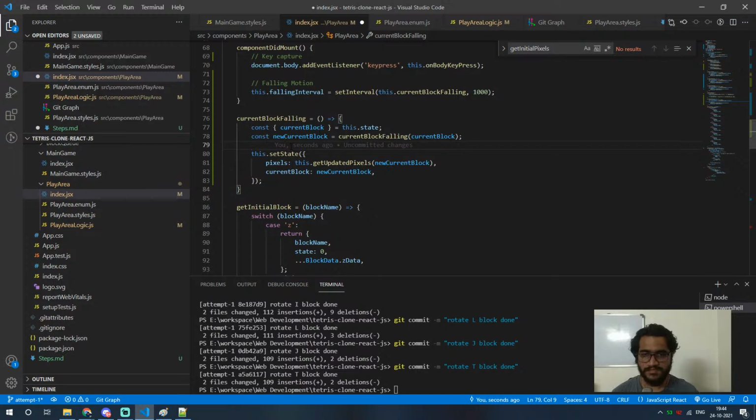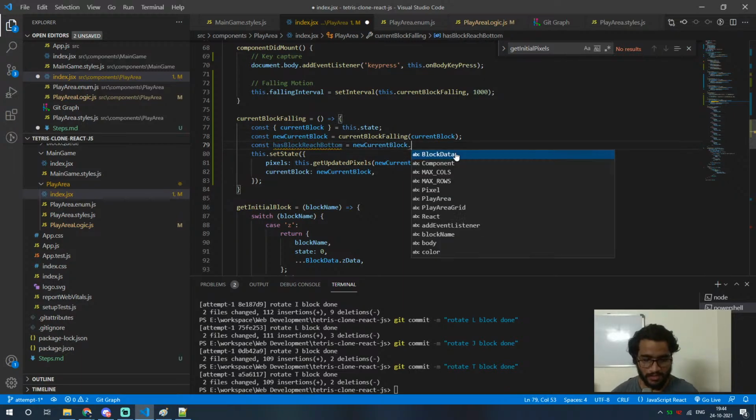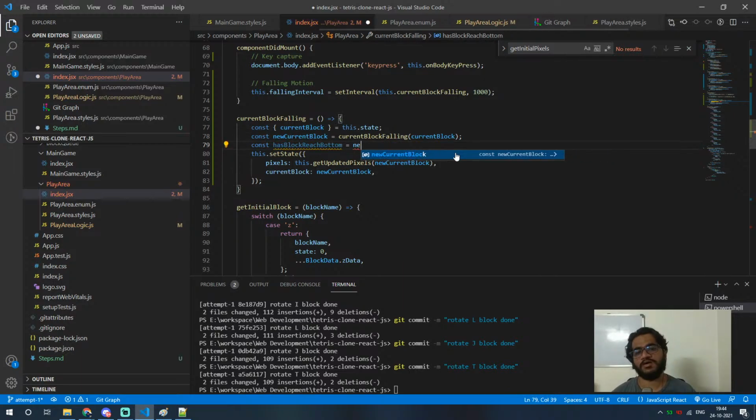Okay, so has block reached bottom, which would get the check on the current block.